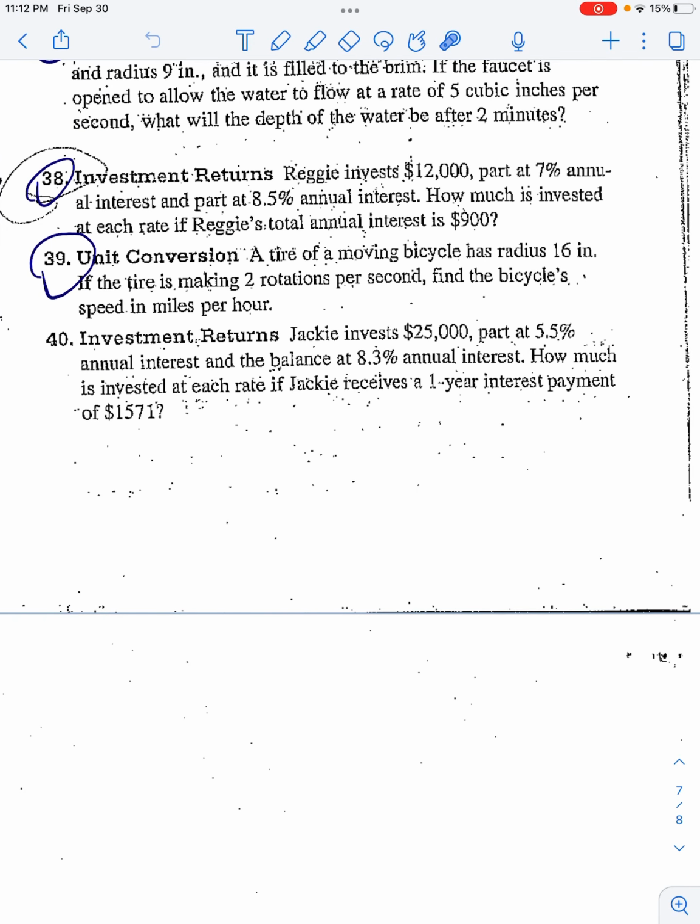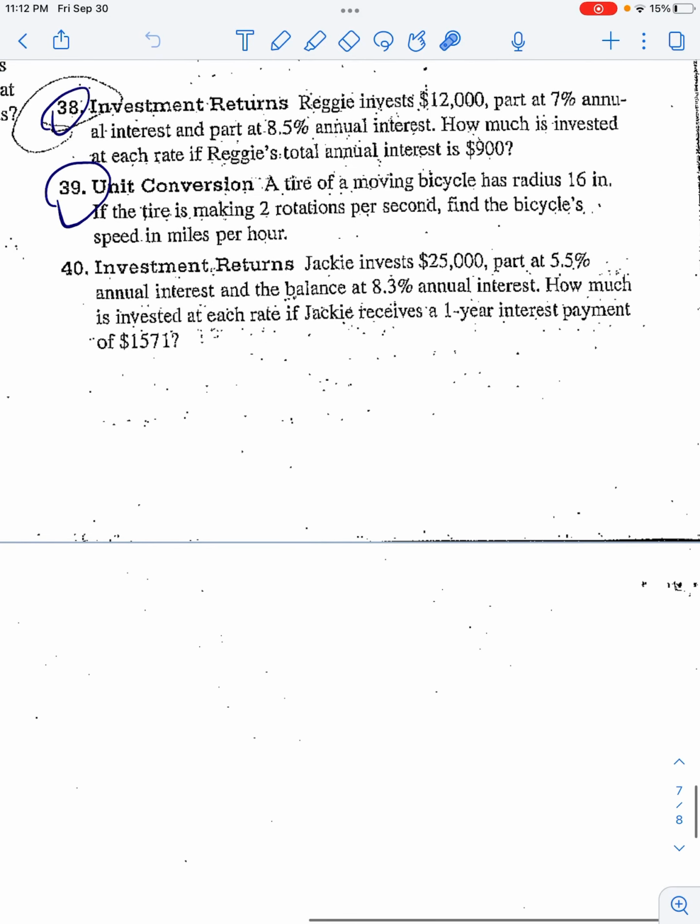They're asking how much is invested at each rate. So I'm going to make two variables, because there are two different interest rates, and they're asking me for how much he invested in each one.